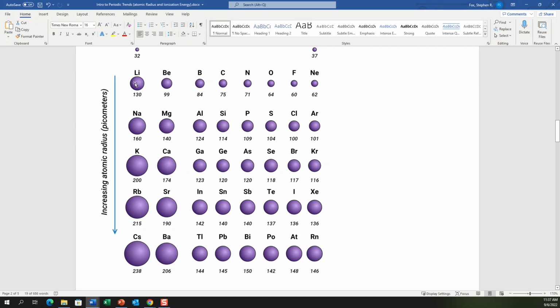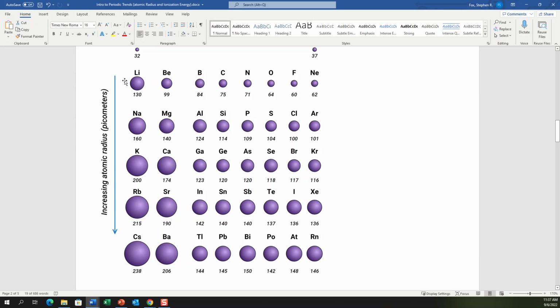So why does it decrease as you go across from left to right? Well, you don't have any more energy levels, right? All of these in row 2, their valence shell is energy level 2. All of these in row 3, their valence shell is energy level 3. Row 4, energy level 4. So you still have the same number of core electrons.